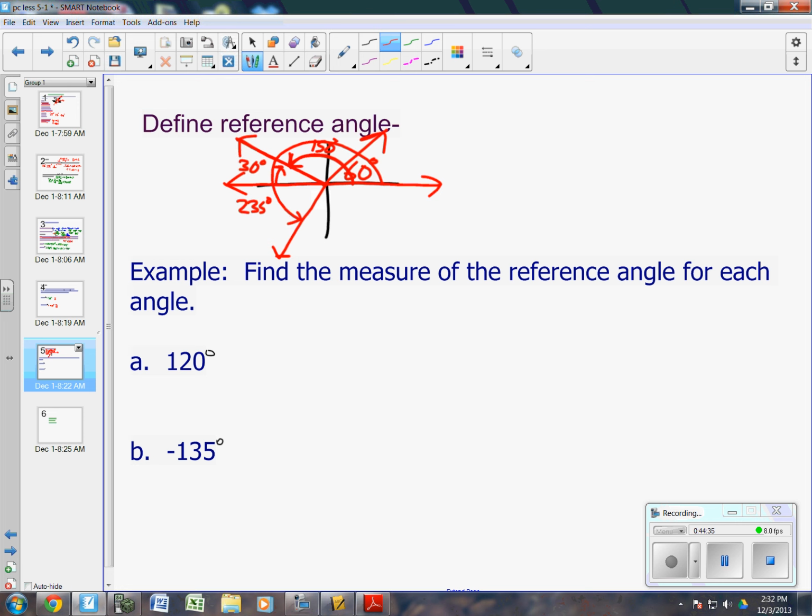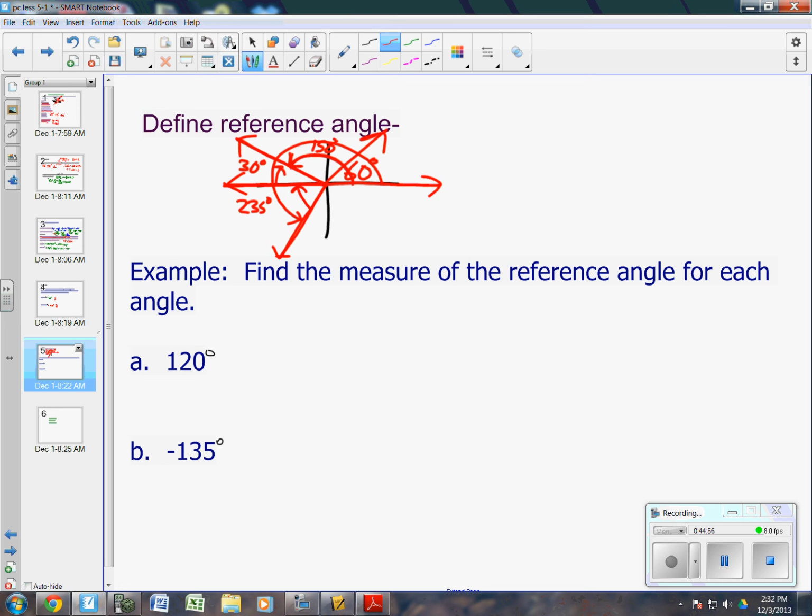It's not 35 degrees. Rebecca said it. 55 degrees. Because it's this angle going back this direction, right? It's got to be between the x-axis and the terminal side so that it's an acute angle. So it can't be the angle over here because that's an obtuse angle.